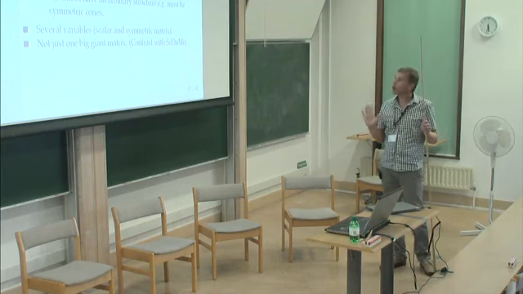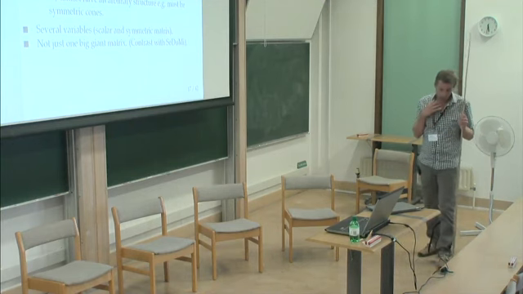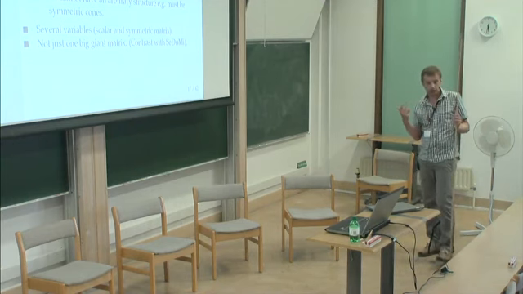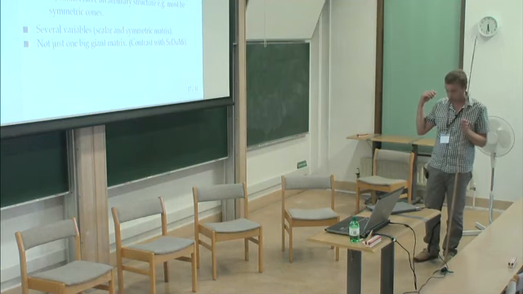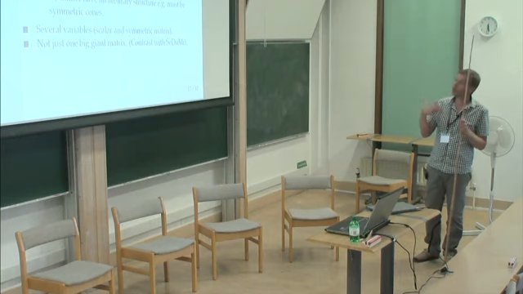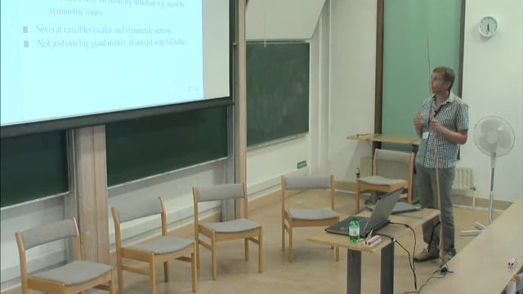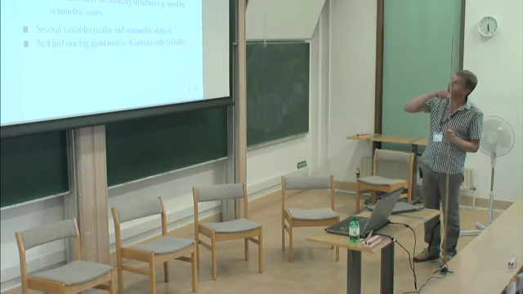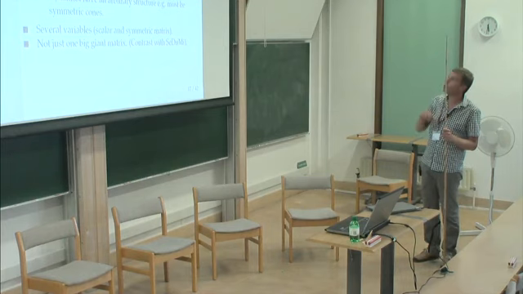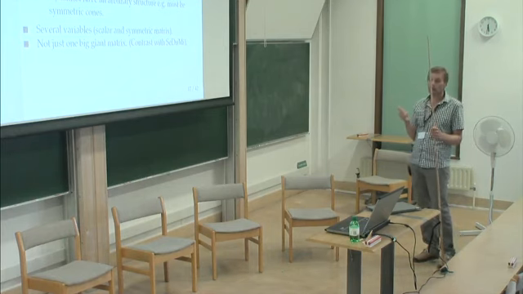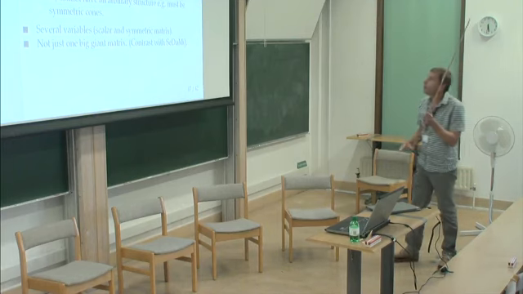Okay, so at MOSEK we wanted to build an interface that made it easy for people in industry to develop or build models, allowing them to use whatever language they were used to. So we developed a new interface called Fusion, and the essential idea in Fusion is quite simple.